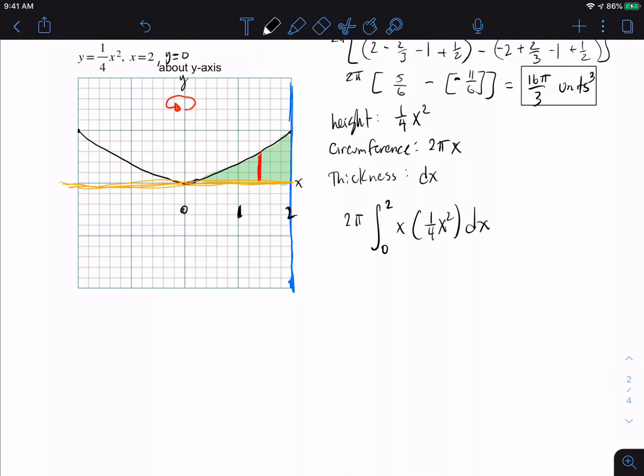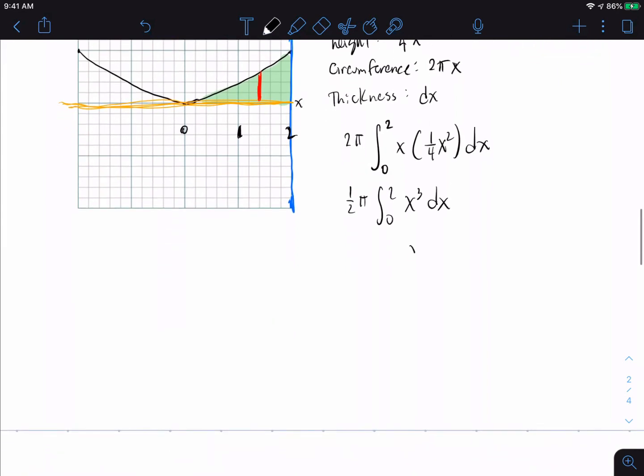So before we integrate, we should get 1/2 pi integral from 0 to 2 of x cubed dx, which will give us x to the 4th over 4 times 1 over 2 pi from 0 to 2. Oh, that's cute.